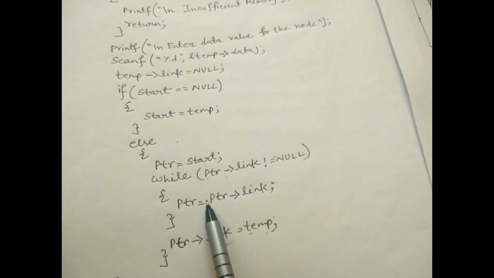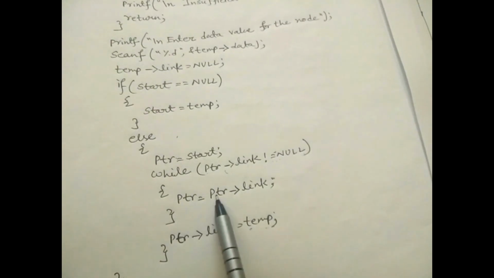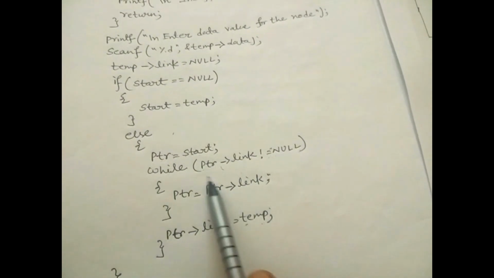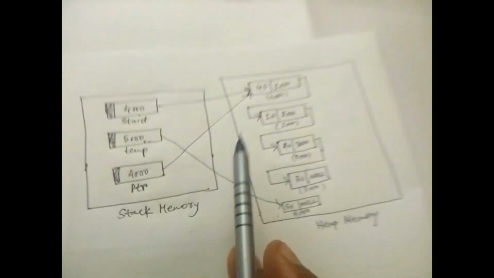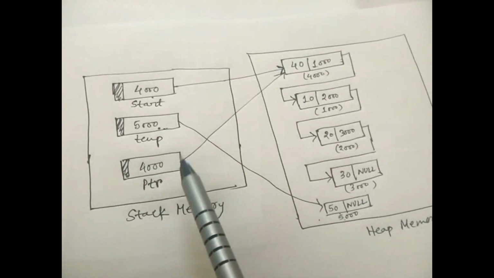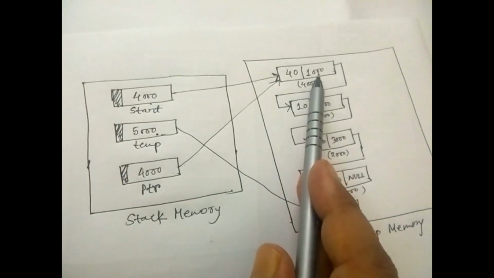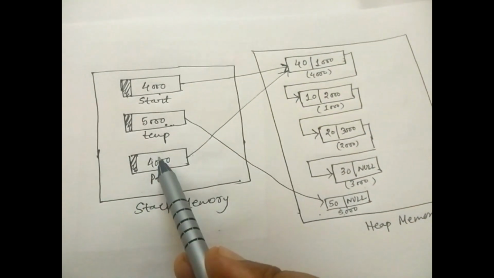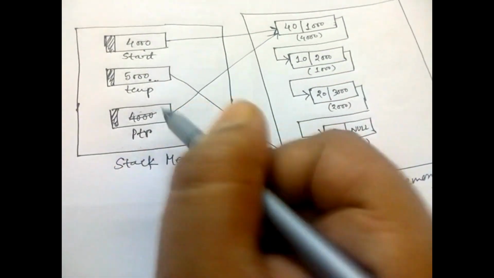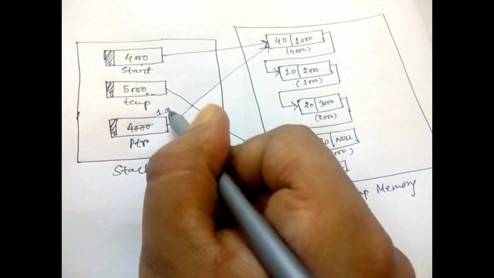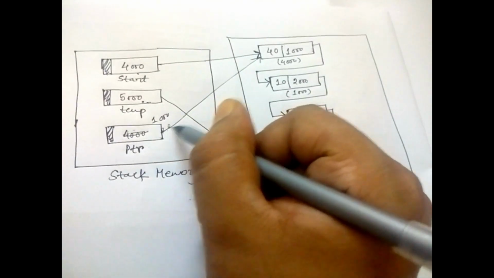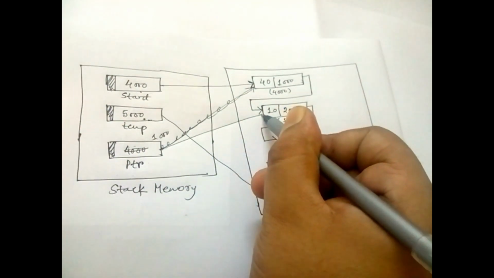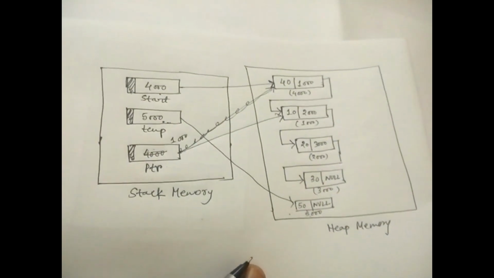Now go inside the while, ptr = ptr->link, that means the value of ptr->link is assigned into ptr. Now 1000 is assigned into ptr, that means update the value of ptr. Now ptr is 1000, so ptr points here.